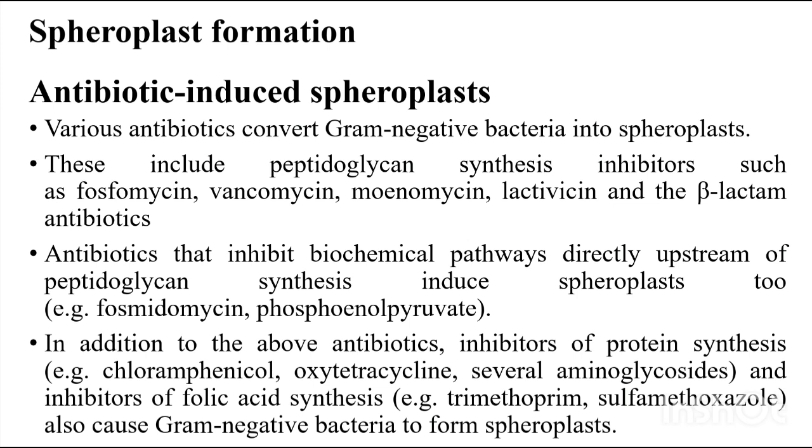There are some peptidoglycan synthesis inhibitors such as fosfomycin, vancomycin, moenomycin, beta-lactam antibiotics, and antibiotics that can inhibit the biochemical pathway directly upstream of peptidoglycan synthesis also induce spheroplast. There are some antibiotics which are inhibitors of protein synthesis, inhibitors of folic acid synthesis, and this causes gram-negative bacteria to form spheroplast. So by using different types of antibiotics, we can induce spheroplast.